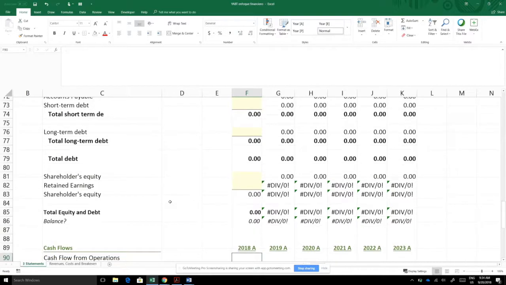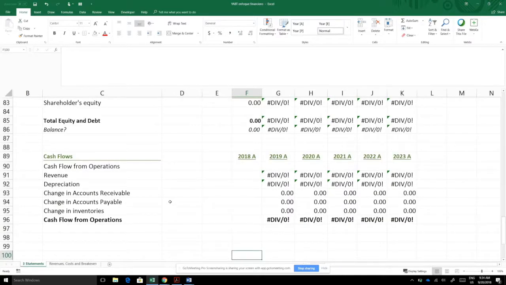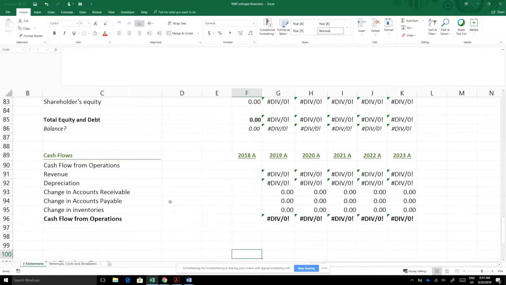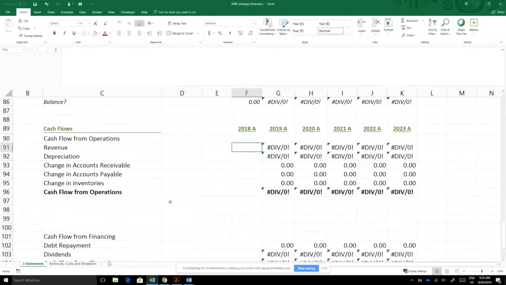Okay, and then we have the cash flows. Again, the cash flow is everything that involves cash in the company, and then you're going to have the revenues. The depreciation doesn't involve cash, but above we take depreciation from your income, and that is actually not an expenditure that is using cash.